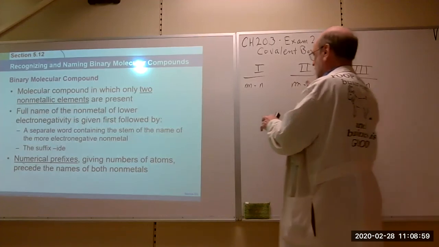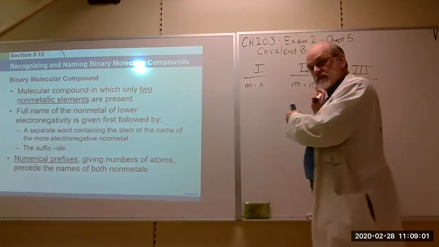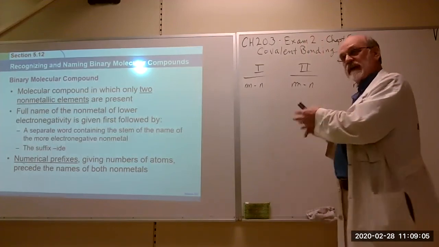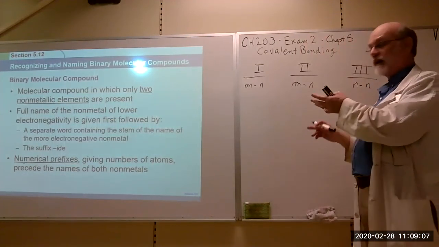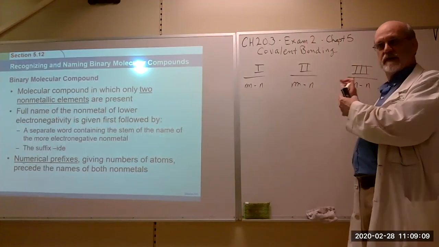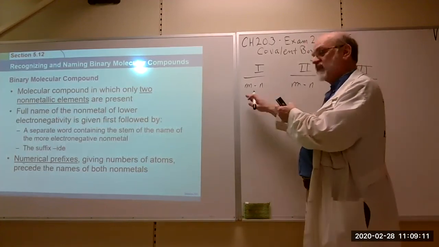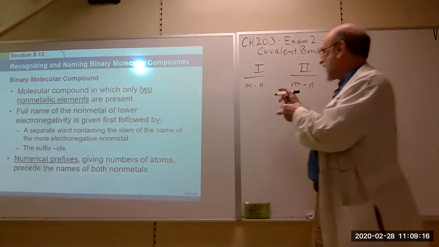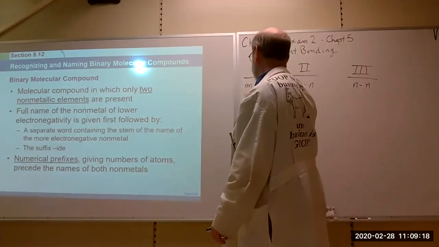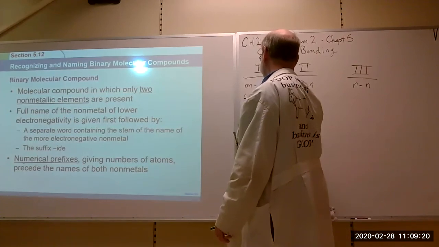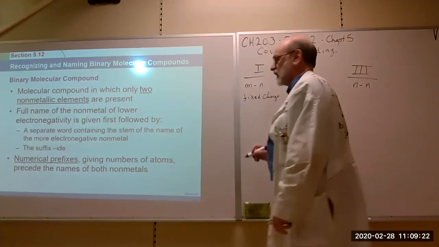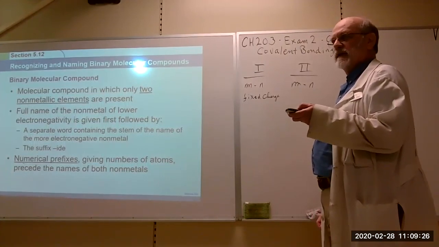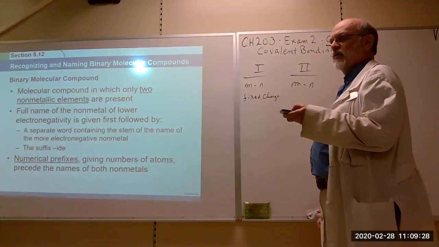So, if you want to know which rules apply, you ask yourself, is it a metal and a nonmetal? If it's nonmetal nonmetal, go straight there. If it's a metal nonmetal, you go to one of these. Then you have to differentiate between these two. In this case, the metal has a fixed charge. And those always come from alkali metals, alkaline earths, or the boron group.